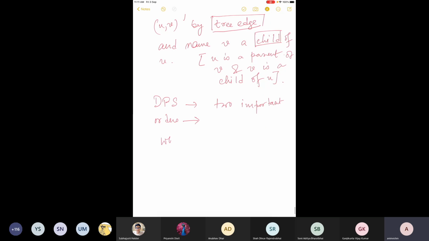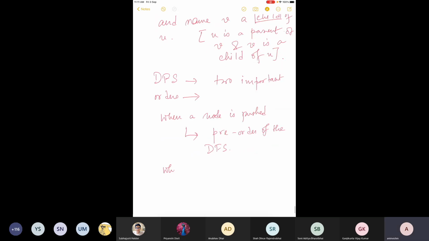So when a node is pushed, if you are looking at this order, then this is called the pre-order of the DFS. And when a node is popped, if you are looking at this, then this is called the post order of the DFS.